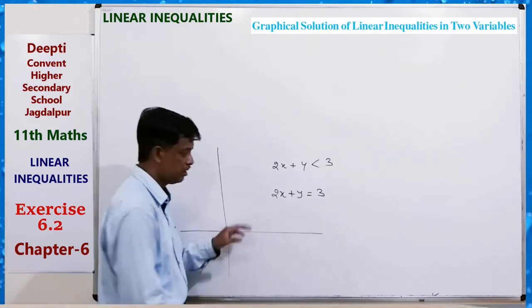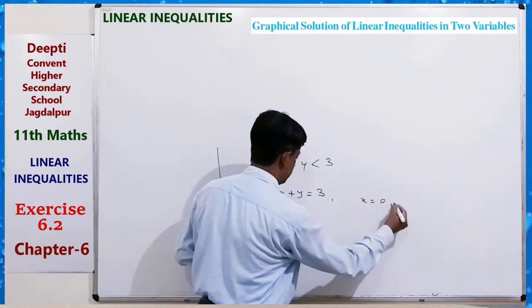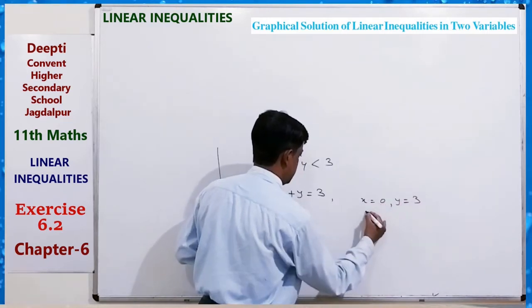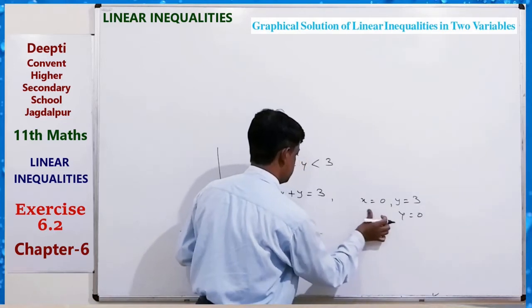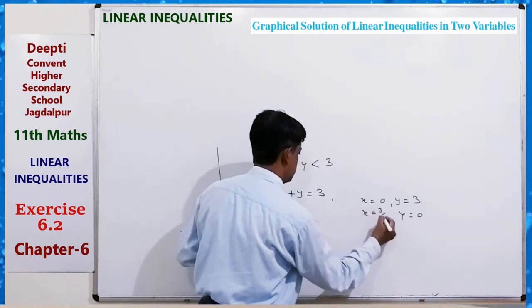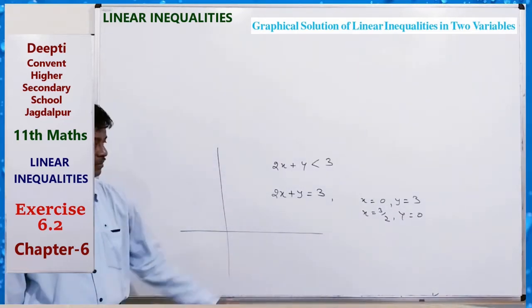If we take x equals 0, then y equals 3. And y equals 0, then x equals 3 by 2. These are 2 solutions.